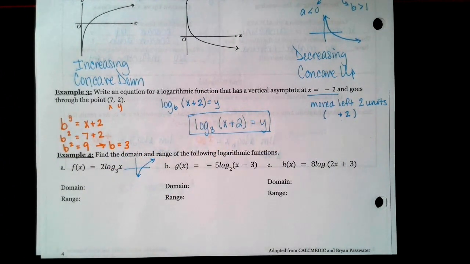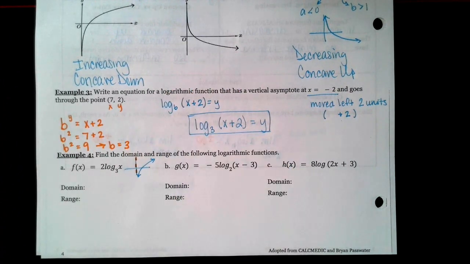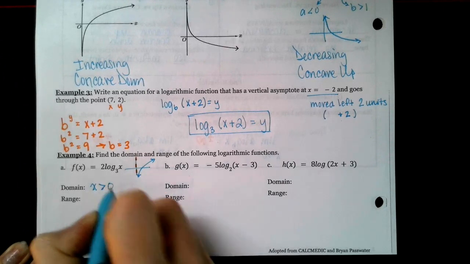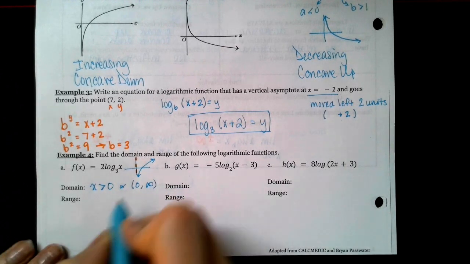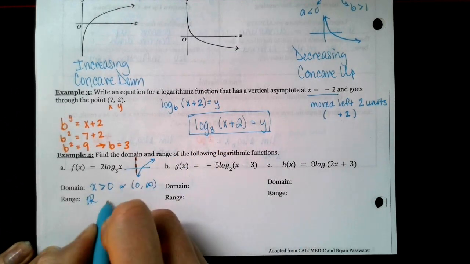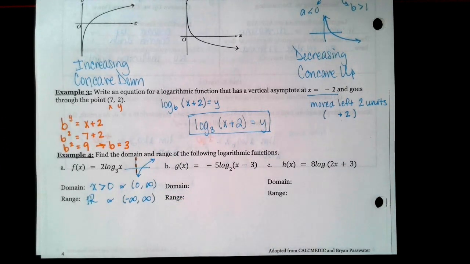I don't have a horizontal translation, which means I still have a vertical asymptote at x equals 0. So I have an asymptote right on my axis. So my domain, I can write as x is greater than 0, or you could write it as 0 to infinity. And then my range, since it goes down forever and up forever, would be all real numbers, or I could write it as negative infinity to infinity.